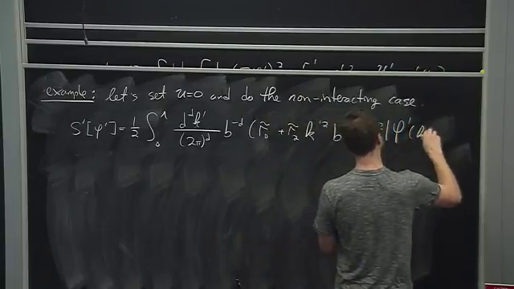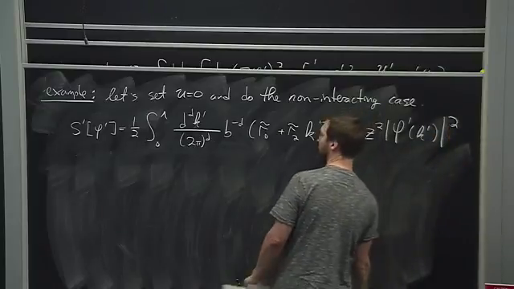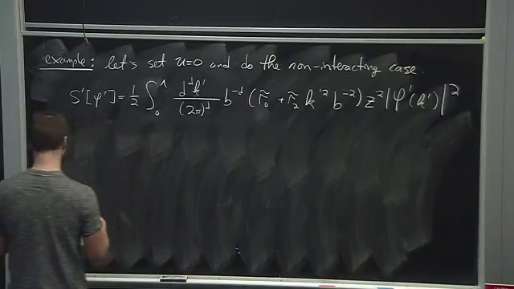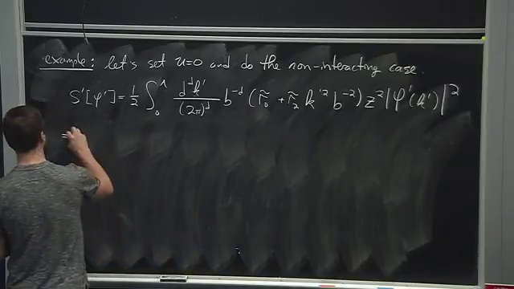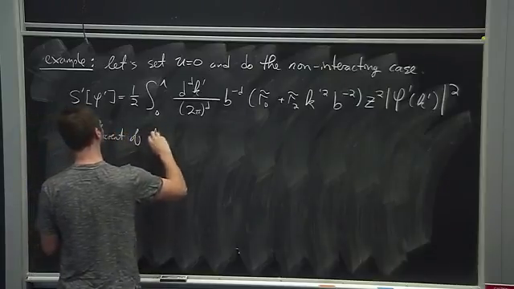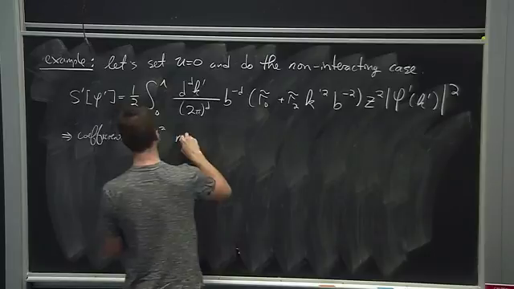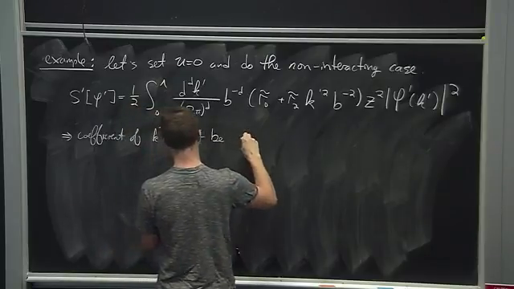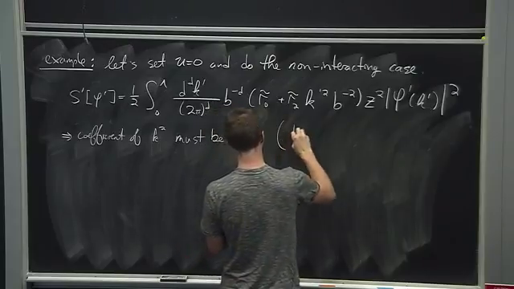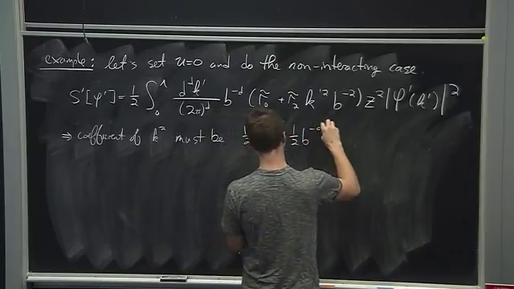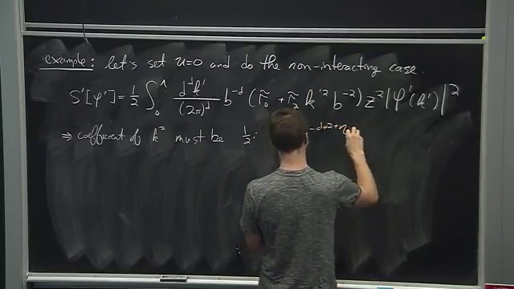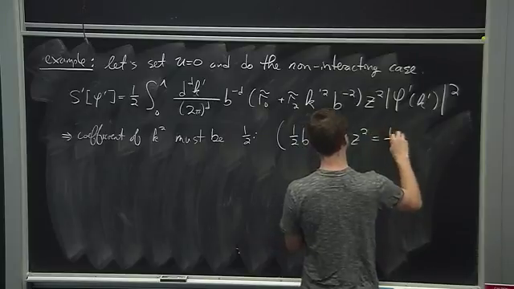Okay, so that's what we're gonna consider, and I already said the coefficient must be a half. That's 1/2 b minus d plus 2 minus d minus 2 minus eta z squared. So that's a constraint.